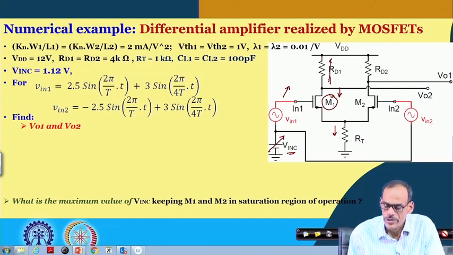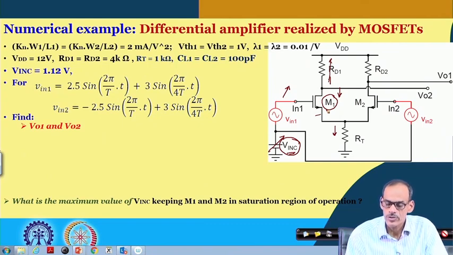So, we can probably find what the corresponding upper limit may be. The upper limit is very important for this case. Lower limit, definitely we do not want to keep the transistor towards the subthreshold region, but we should be aware of the upper limit.